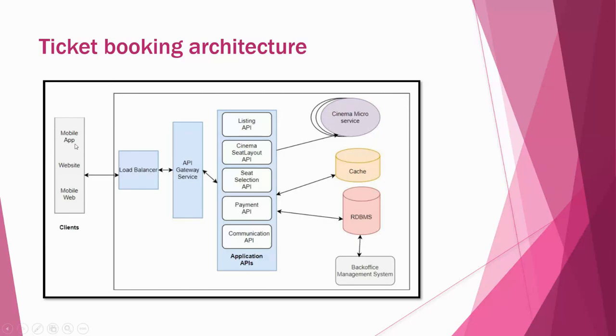As I already told, you may be accessing the application with the mobile app, or else you may be using the website from the mobile, or from the laptop, or the mobile web. There are many ways where the customer will be interacting with the application.